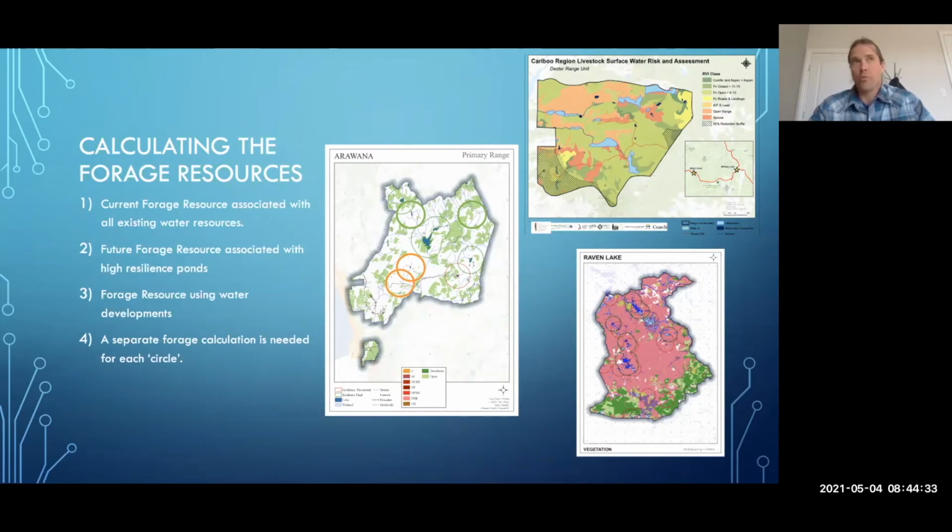Another reason why we'd want to look at it is what are our future forage resources based on high resilience ponds. So we could calculate forage based on all water today, and then we could recalculate it based on just using water that's considered resilient, so those ponds that are over 5 hectares in the future, and then we could have a comparison to see what our change in forage is going to be within the current climate scenarios or the future climate scenarios.